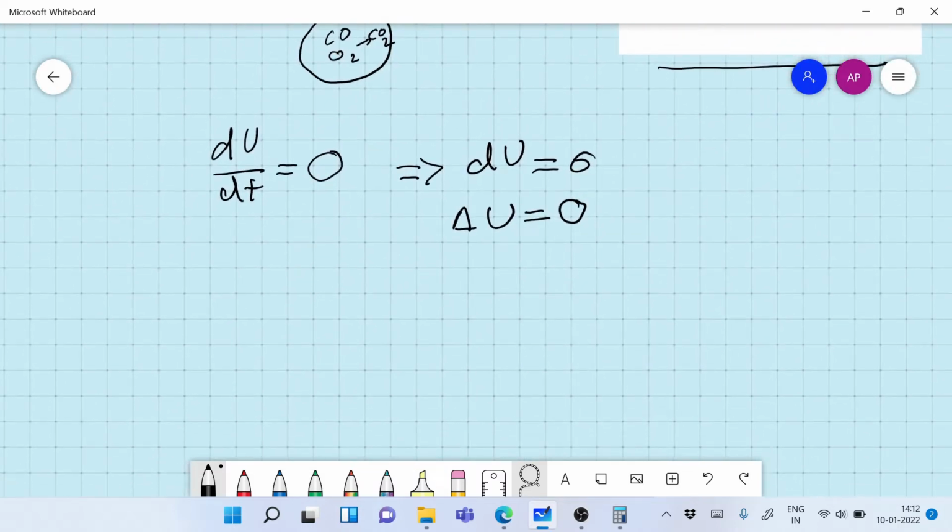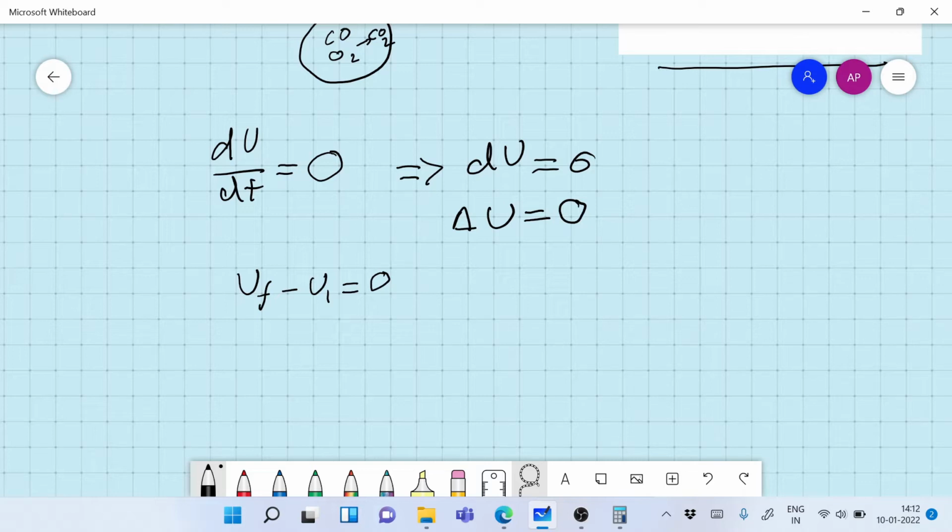Having known this, what is the change in internal energy? The change in internal energy is nothing but the final internal energy minus the initial internal energy of the system, and this should be equal to 0. That is all.